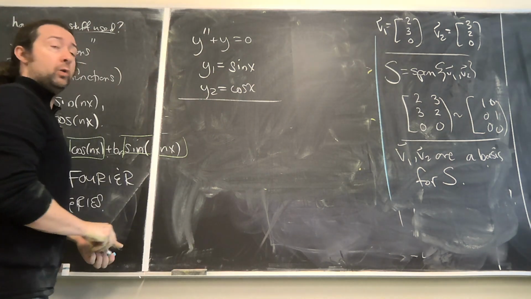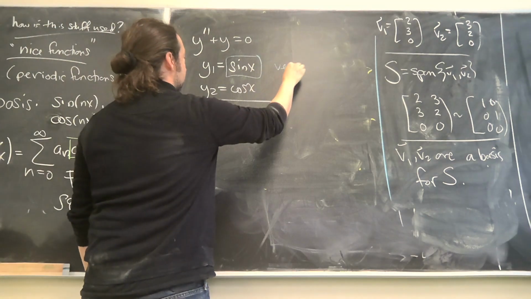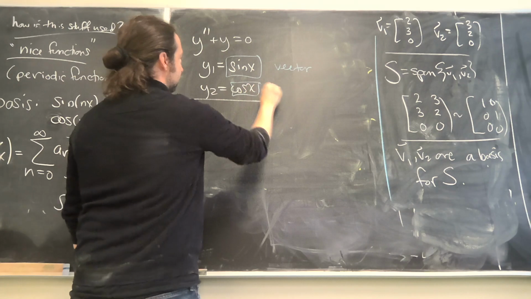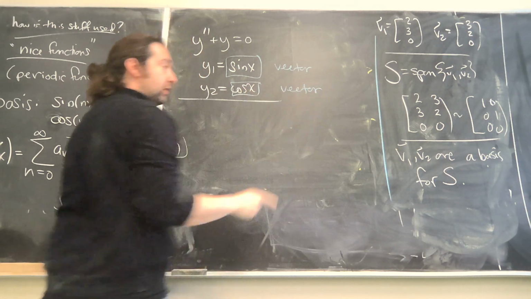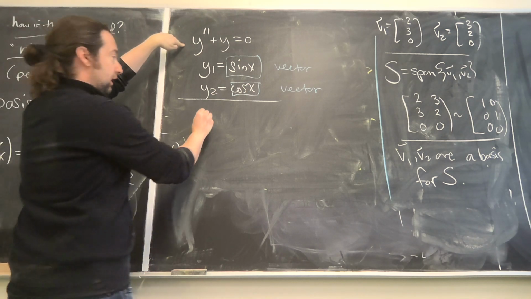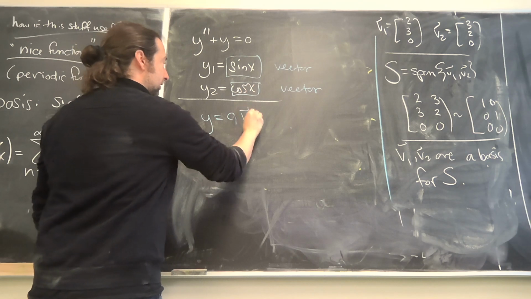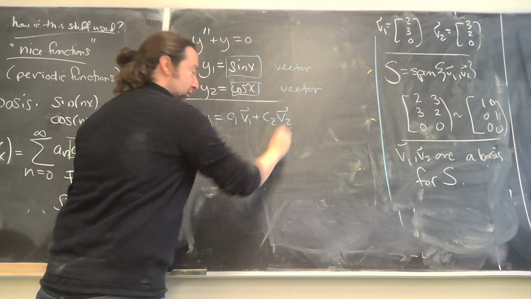Okay, so we're going to do this move. We're going to think of this as a vector, and we're going to think of this as a vector. And we're going to make the argument that every solution to this differential equation has the form C1v1 plus C2v2.